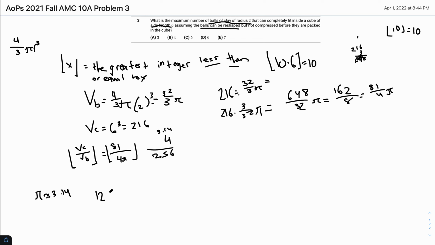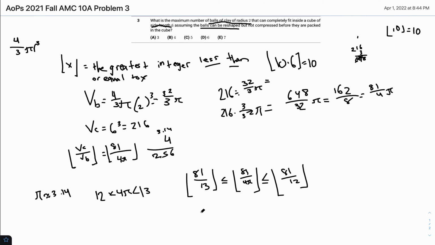So we know 12 is less than 4 pi, which is less than 13, and we can translate this into fractions to compare that with 81 over 4 pi. And so what is the floor function of 81 over 13, right?